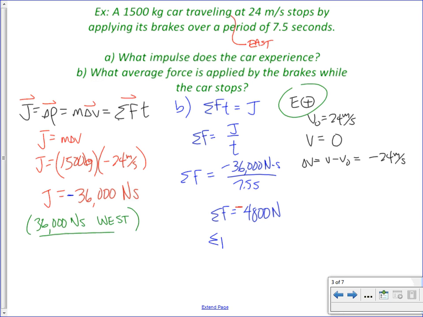So we get, most appropriate answer probably west. Right? How do you slow a car down that's driving east? You have to push west. Sure. Okay?